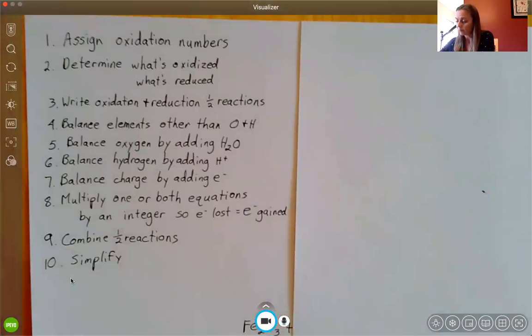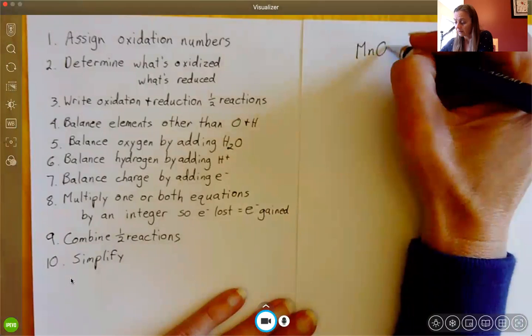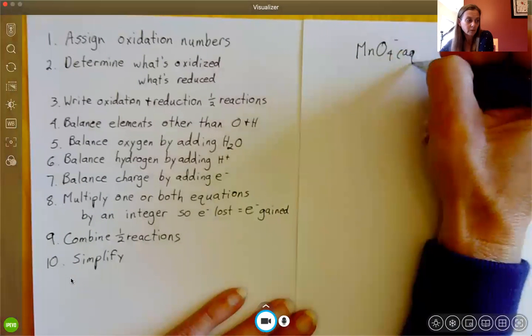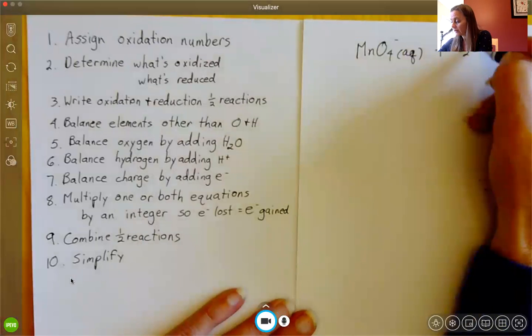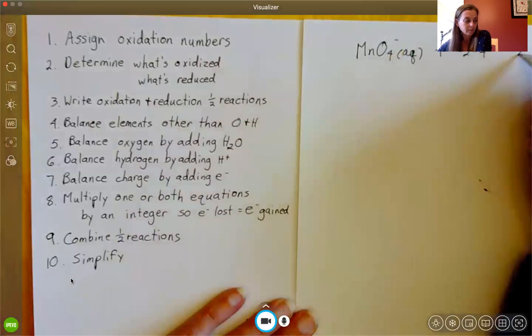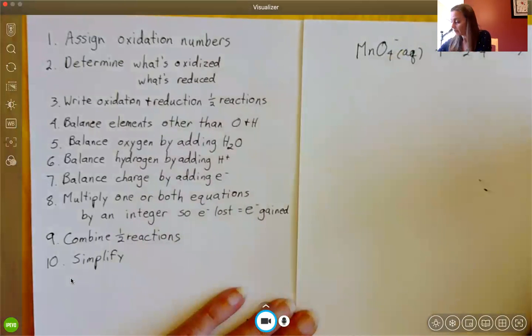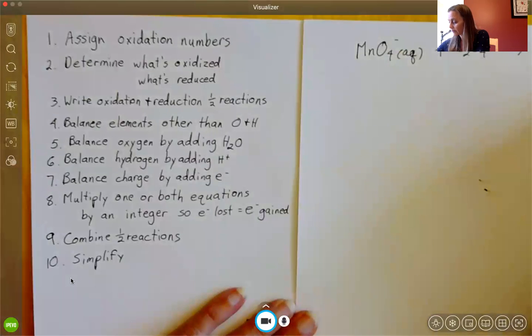So we're going to go with the permanganate ion in solution reacts with the oxalate ion in solution to form manganese 4 oxide, which is a solid, and carbon dioxide gas.